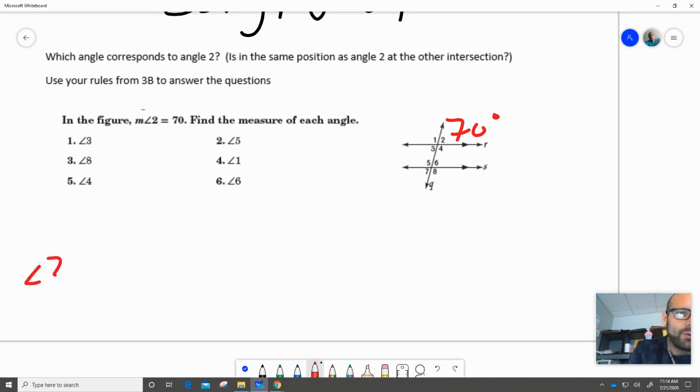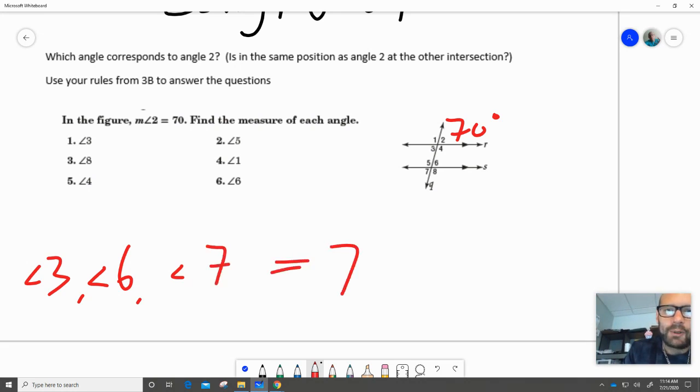So we know that angle 3, angle 6, and angle 7 are all going to be 70 degrees as well. Because again, 70 degrees comes to angle 3, they're vertical. 70 degrees pulls down to 6 from corresponding angles we just looked at, and then 6 and 7 are vertical to each other, okay? So all those are 70.